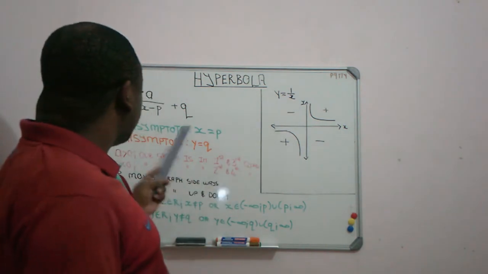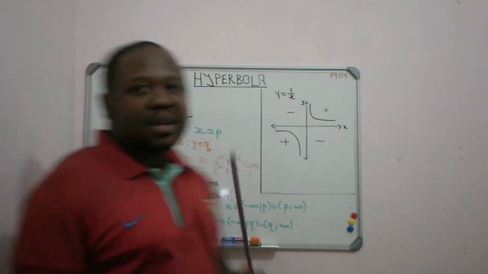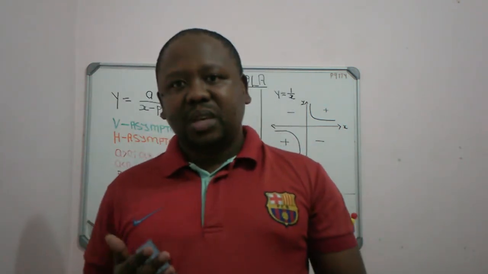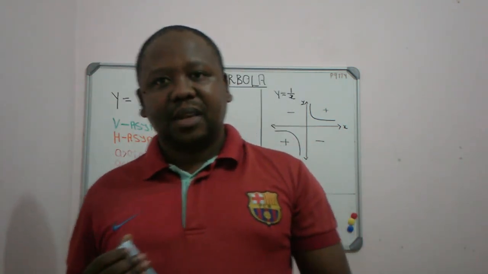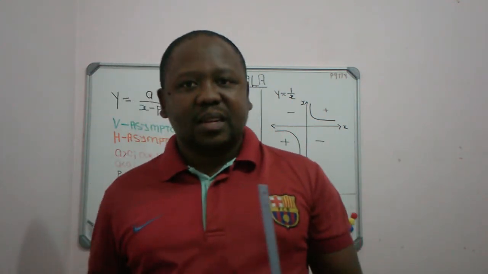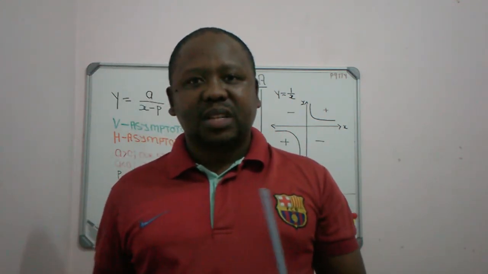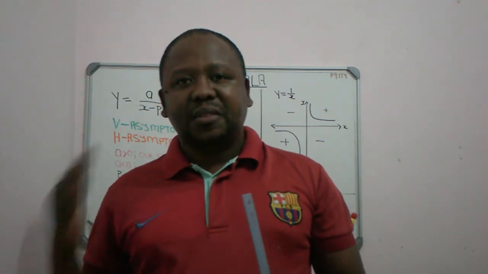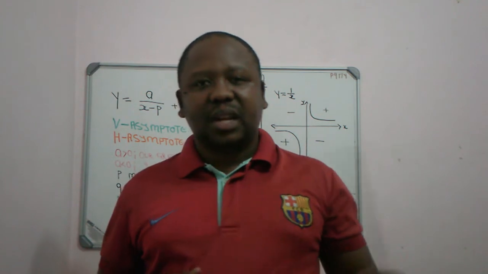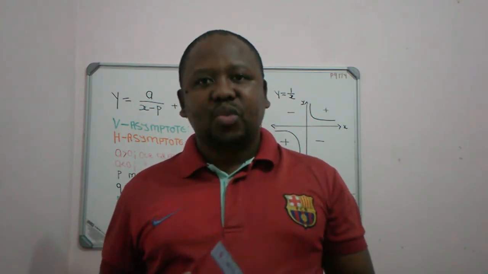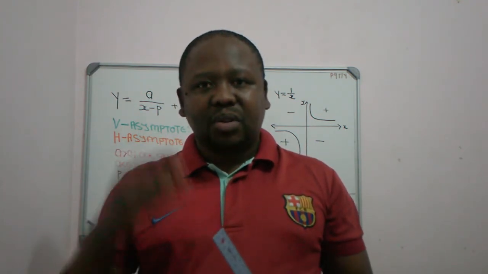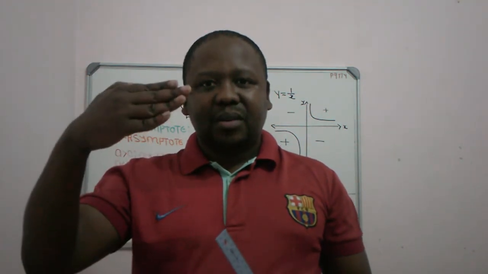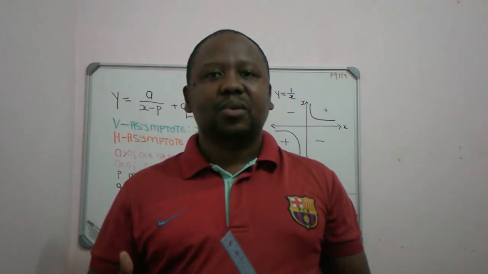So if we introduce p, okay, before I carry on with it, our p moves the graph left or right. If it's positive, it's going to move the graph to the right, and if it's negative, it's going to move the graph to the left. And our q moves the graph up or down, and if it's positive, it moves the graph up. If it's negative, it moves the graph down.